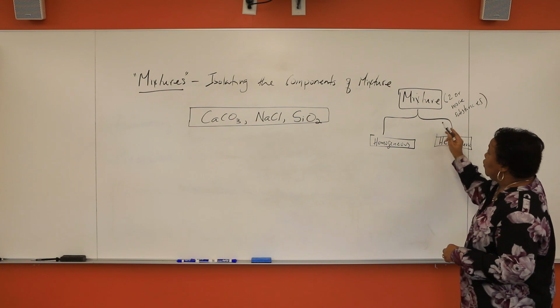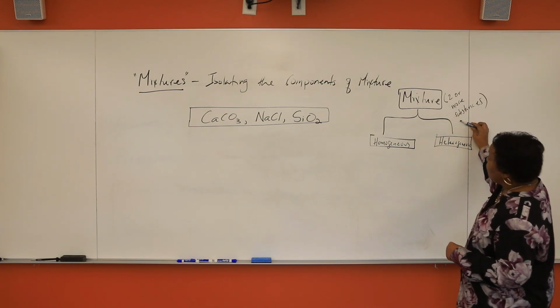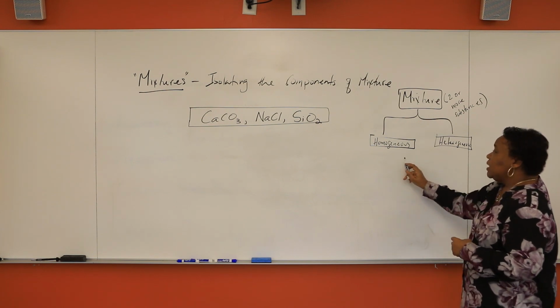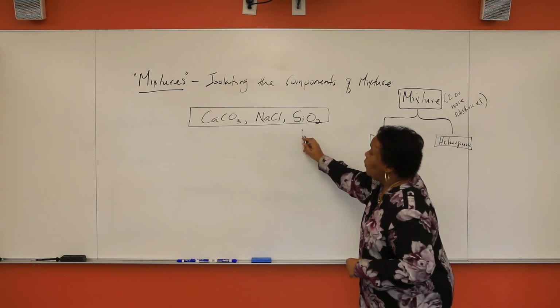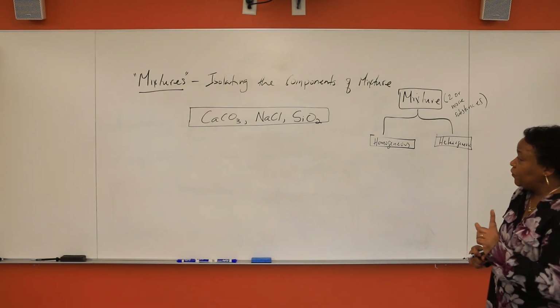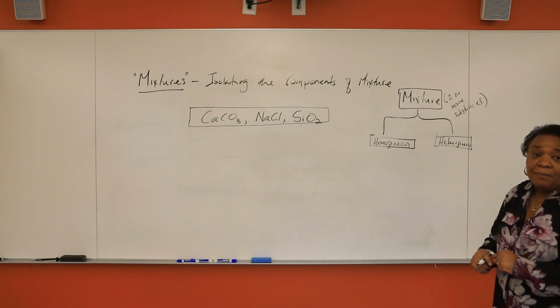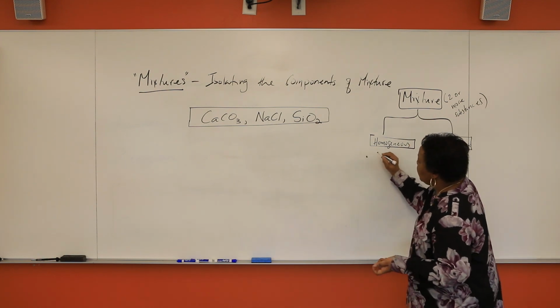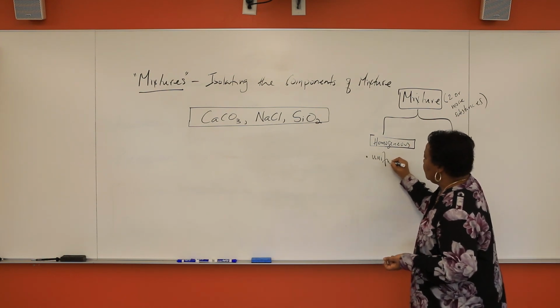Our goal is to realize that when we're talking about mixtures, it doesn't really matter if it's homogeneous or heterogeneous, because we can go ahead and isolate each component. Now, a few things for vocabulary. If it's a homogeneous mixture, we note that these mixtures are completely uniform.